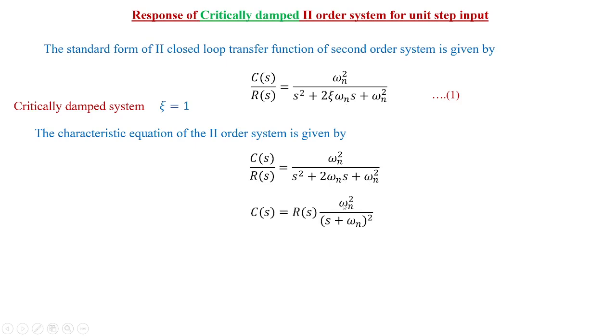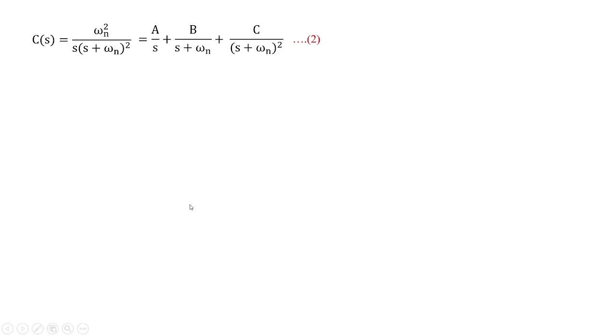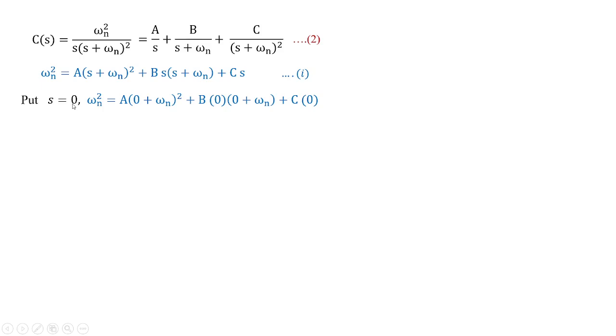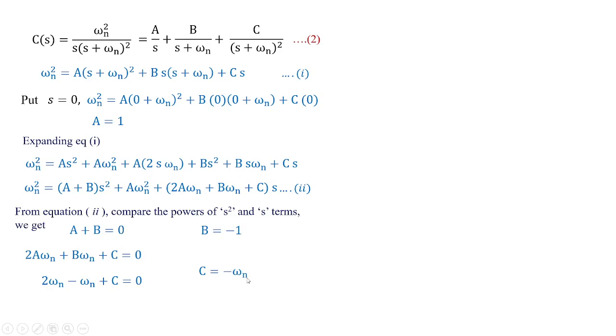When zeta is made equal to 1, this denominator changes to s plus omega n whole square, and we have r of s equal to 1 by s, and again I can get the values of this partial fraction in terms of A, B and C. So A, B and C can be obtained from this equation 1, where I have taken the value of s equal to 0 such that A's value is 1, and expanding equation 1 and taking the coefficients of s square and s terms, I get the value of B as minus 1 and C as minus omega n.